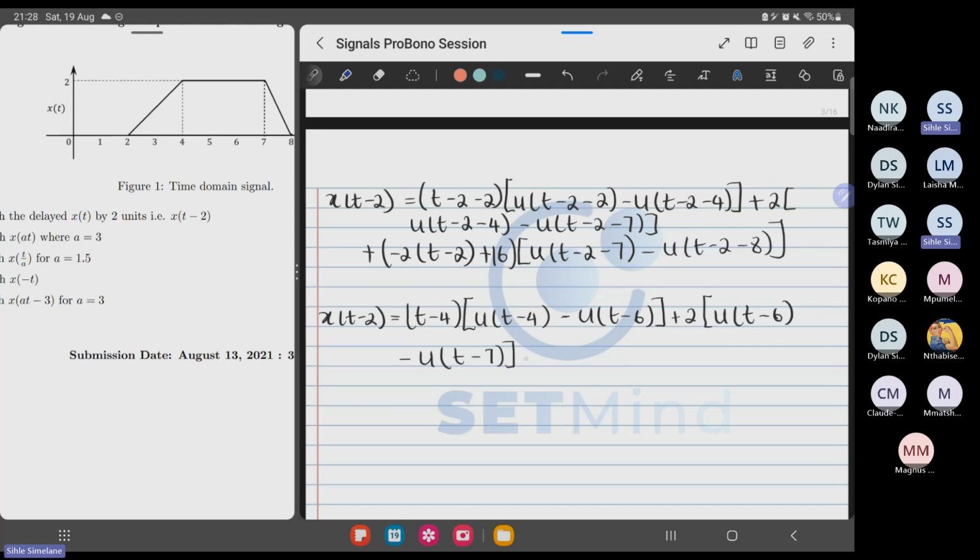Then we are done there, plus let's quickly do our multiplication and addition there. We are going to have negative 2t. That's going to be positive 4 plus that, it should be 20. And then it is going to start at u of t minus 9, and then minus u of t minus 10.